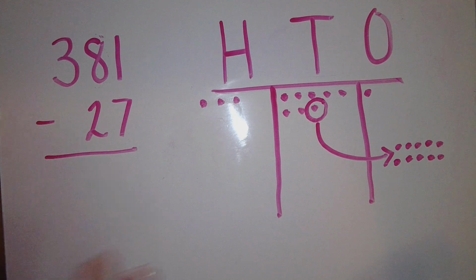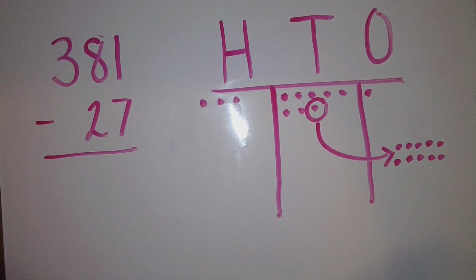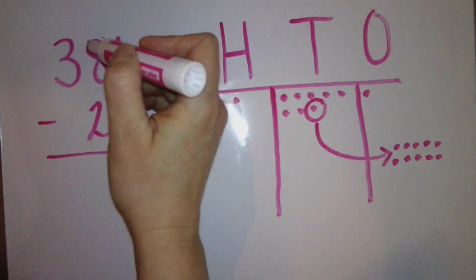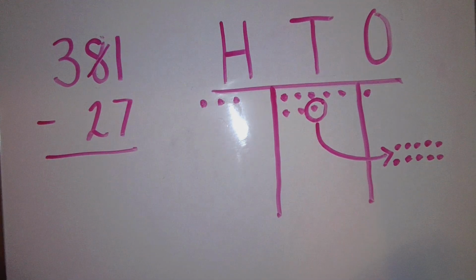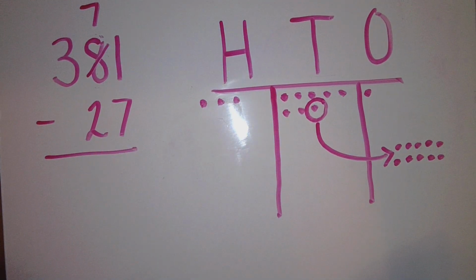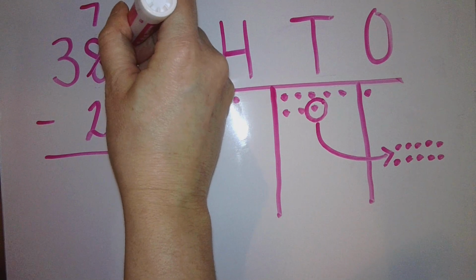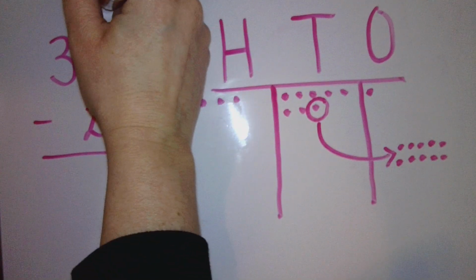And then we remind students that whatever we do to our drawing, we must also do over here to our equation. So we took a 10 away, so 8 tens minus 1 ten is 7 tens, and we gave those 10 ones to our ones place. So this is no longer a 1, we now have 11.